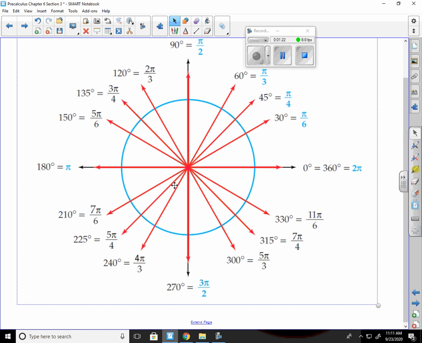However, we don't always have a 60-degree angle. What if it's 65 degrees? Or what if it's 95 degrees? See, that's where our challenge starts, because those aren't on the unit circle. So we have to have a way to convert back and forth between degrees and radians.